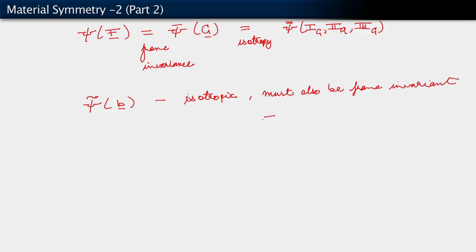And this says that it's a function of B, but really the only sort of function of B I'm allowed to have is that one, which of course has the same dependence upon the principal invariants of C, because the principal invariants of C and B are the same. So, yet another way to look at it.